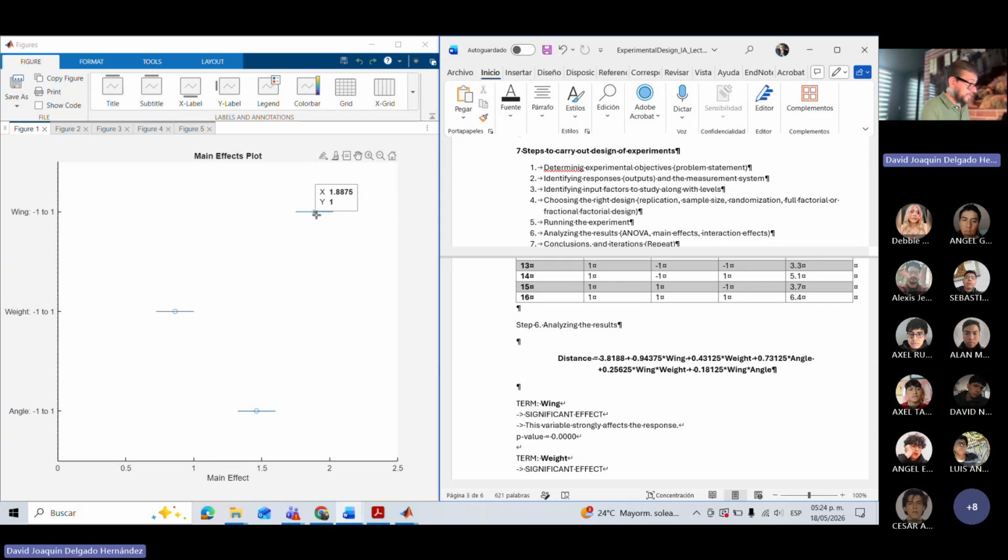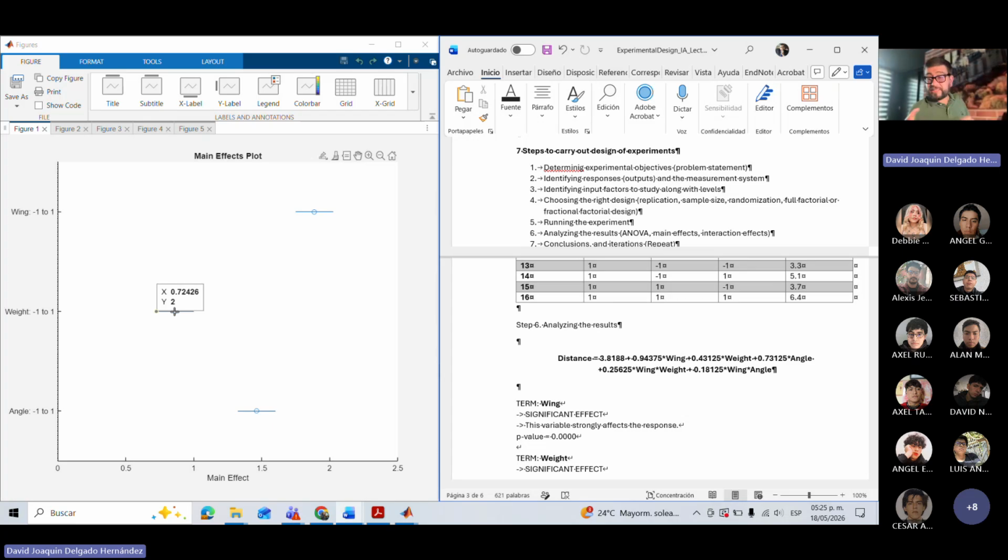In second place, the second variable that has the greatest effect is the angle, the launch angle. And you can see here the value, which is 1.46. That is the second one. And the last one, the third, is the weight, because the effect is only 0.72.